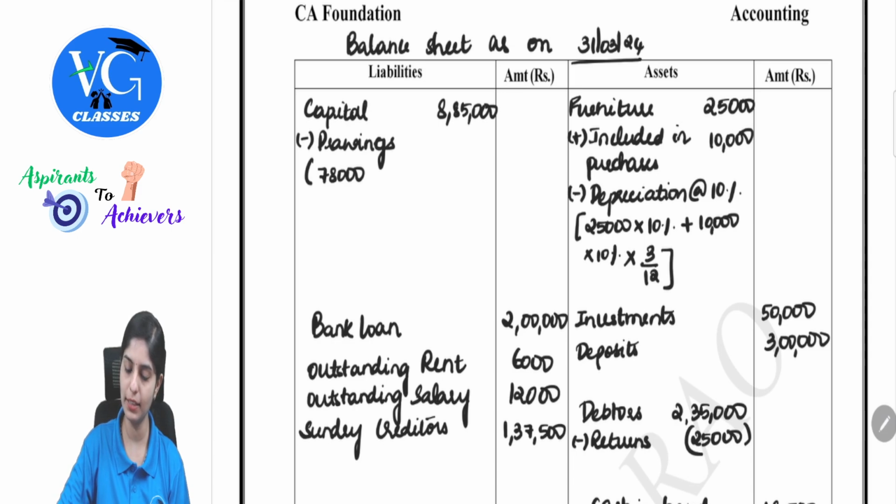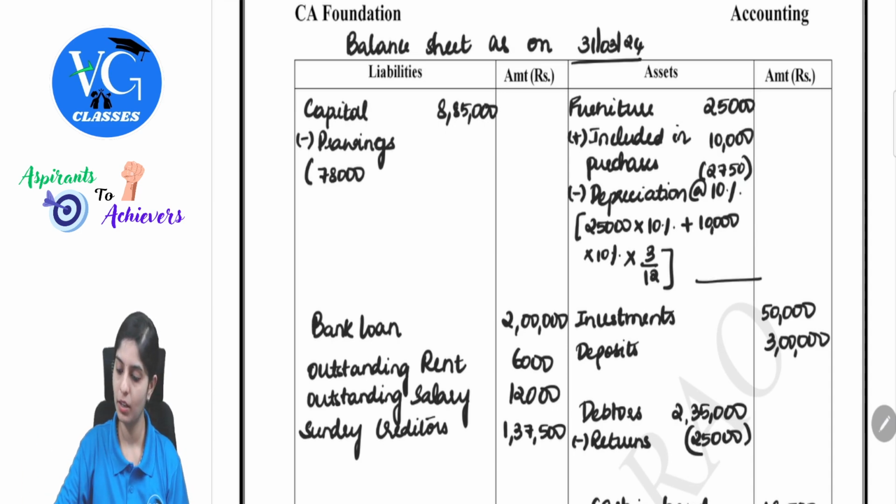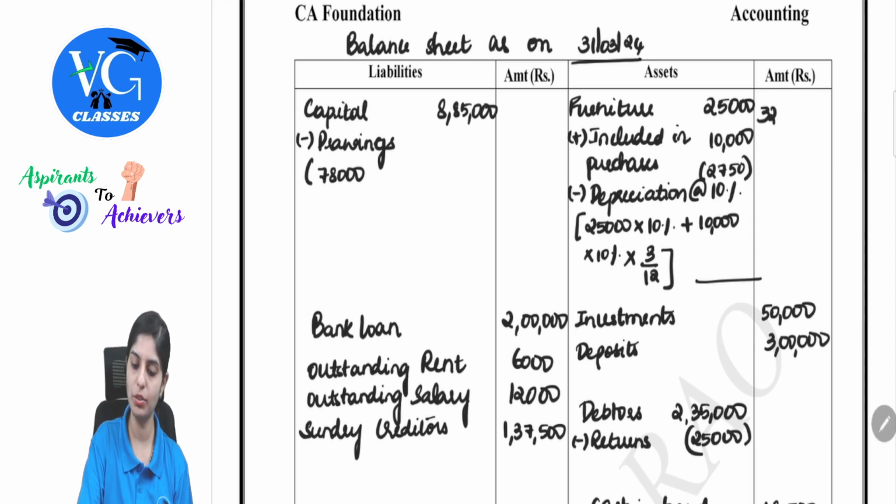So 3 by 12. So what will be the total depreciation? 25,000 into 10%, that is 2,500, and then 10,000 into 10% into 3 divided by 12, that is 250. So total depreciation is 2,750. This 25,000 plus 10,000 minus 2,750 will be 32,250.